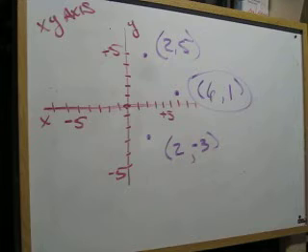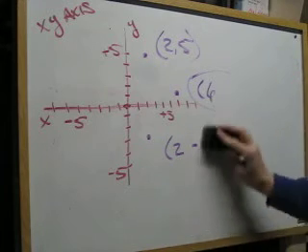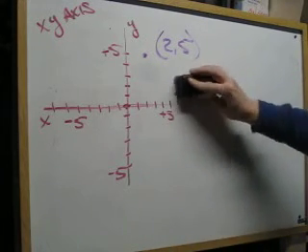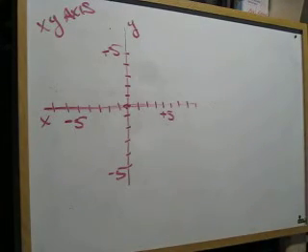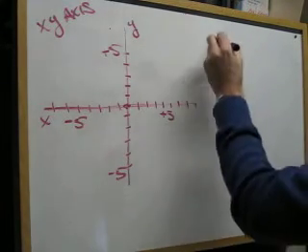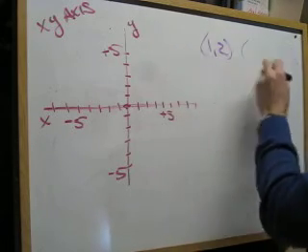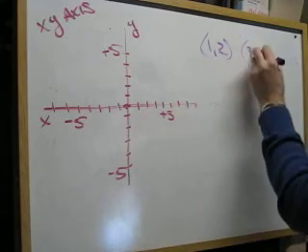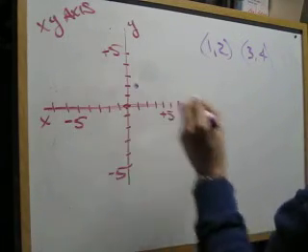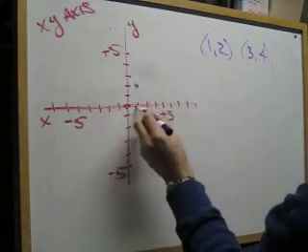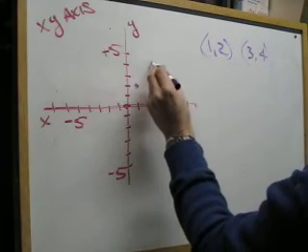One of the things that we're going to be doing is connecting these points with straight lines. So one of the things that they'll do is they will give you points like (1, 2), and then they'll give you another point, (3, 4), and ask you to plot those. 1, 2, and 3 over, 1, 2, 3, 4.